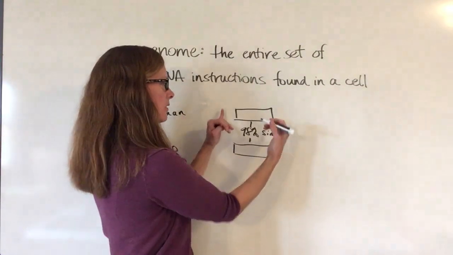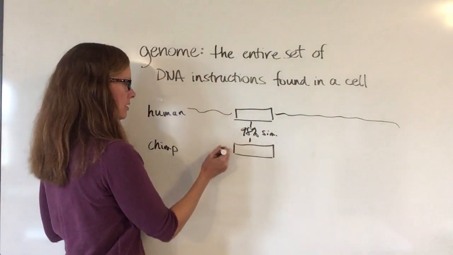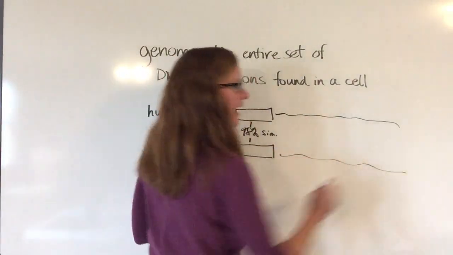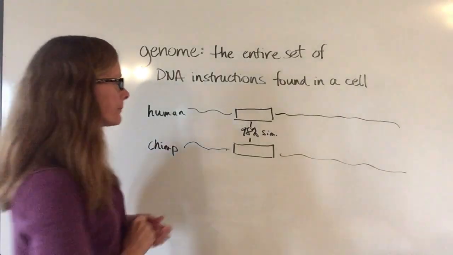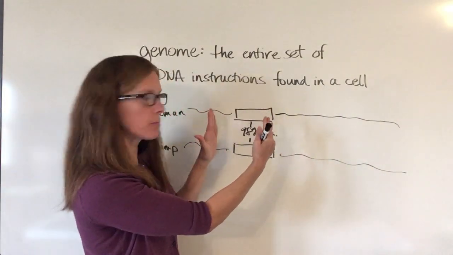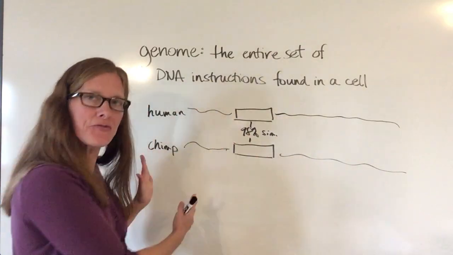But they only compared this little piece, and there's all of this and all of this on both sides that they did not look at. They only pulled out these two pieces that were similar and said, look, 98% similarity. We're evolved from a chimp.